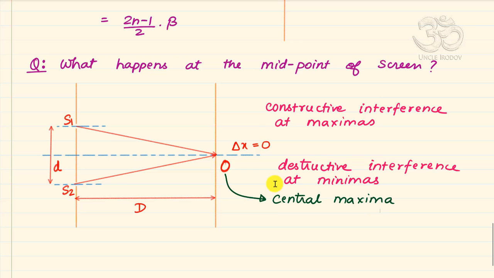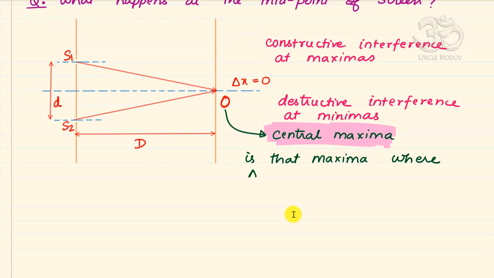Central maxima is that maxima where delta x is 0. So central maxima is that maxima where delta x and delta phi are both 0. So please keep that in mind.